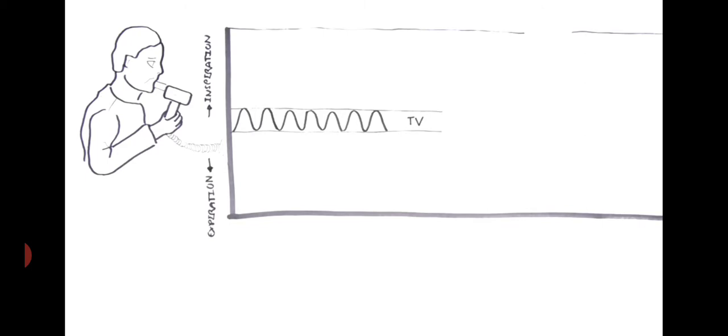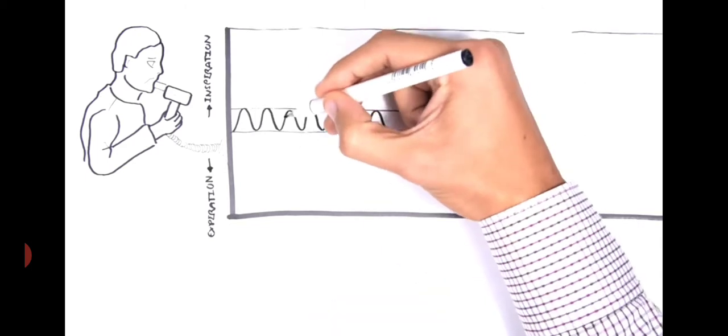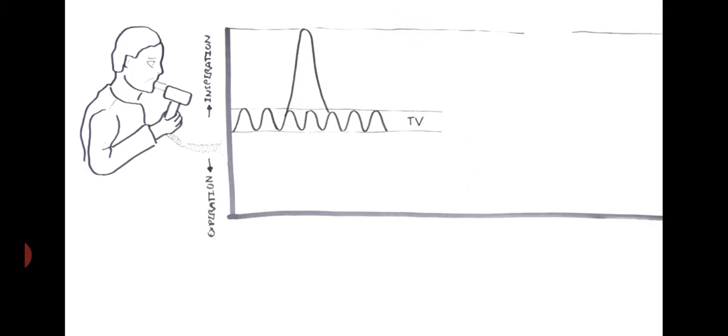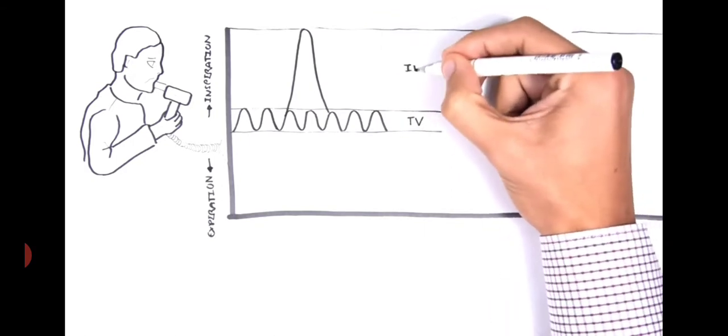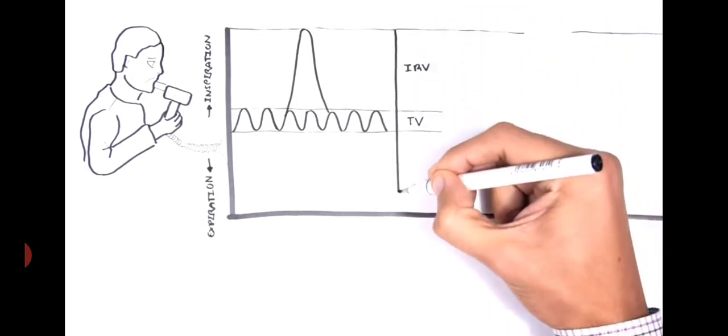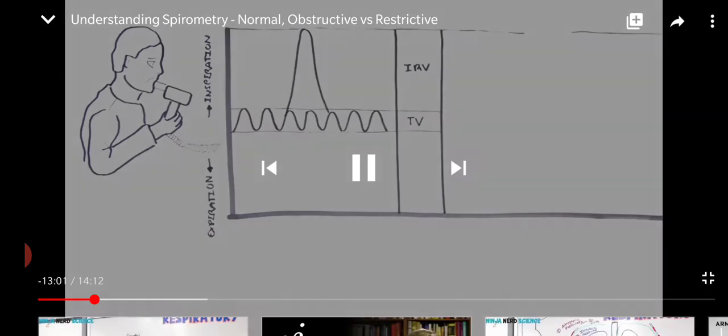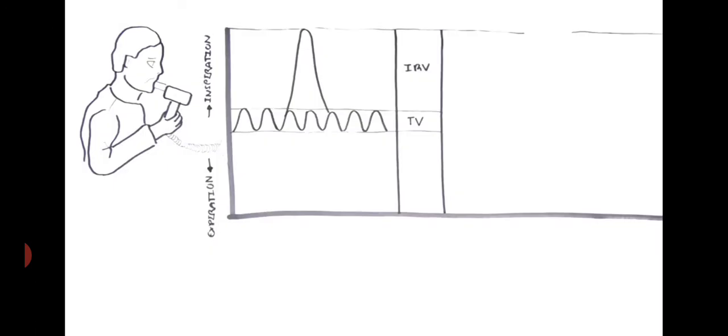So now imagine taking a maximal deep breath in. This is the inspiratory reserve volume, also known as IRV. One more time, we get maximum inspiration. So the maximum amount of air that we can get into the lungs is when we get maximum inspiration.